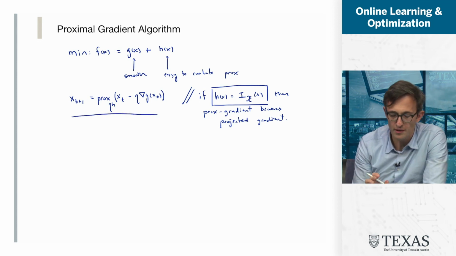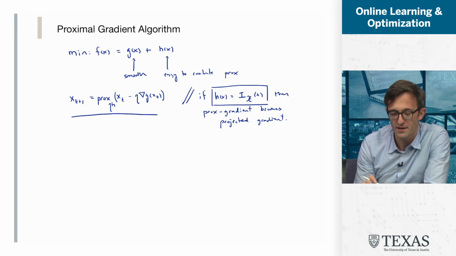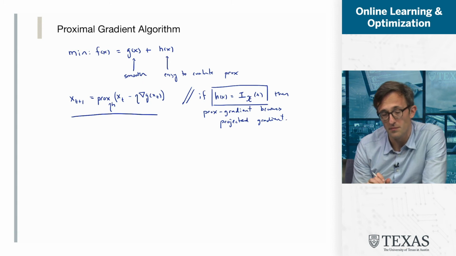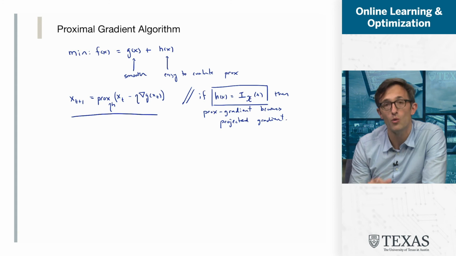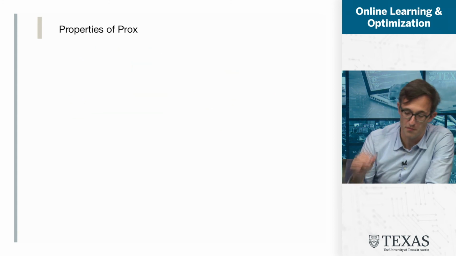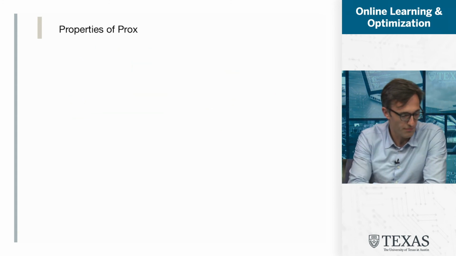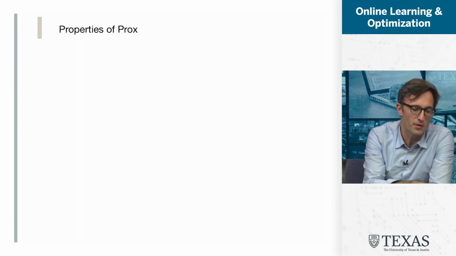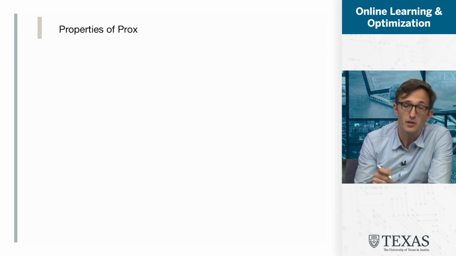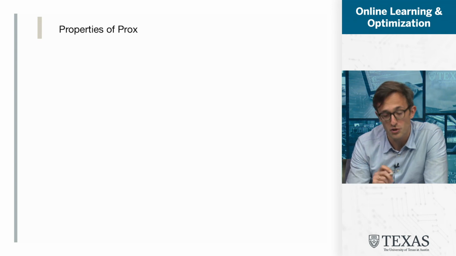So we need to get a few properties of the proximal operator and think about how we proved convergence rates for gradient descent of smooth functions and see what we need for proximal. So one important property of proximal operator is very close to another property of projection.